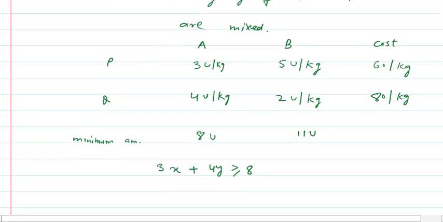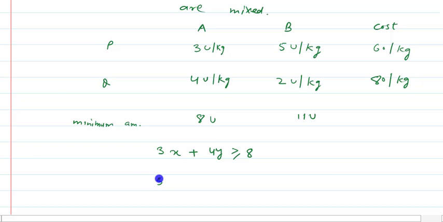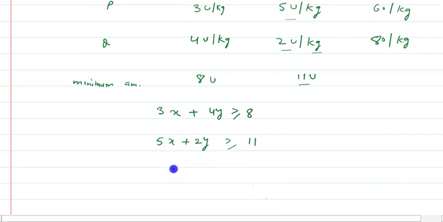Similarly, the next constraint will be 5x plus 2y greater than or equal to 11. The same way, per kg 5 units food P contains, per kg 2 units food Q contains, and the minimum amount is 11 units. And we have x greater than or equal to 0, y greater than or equal to 0. These are the non-negative constraints.